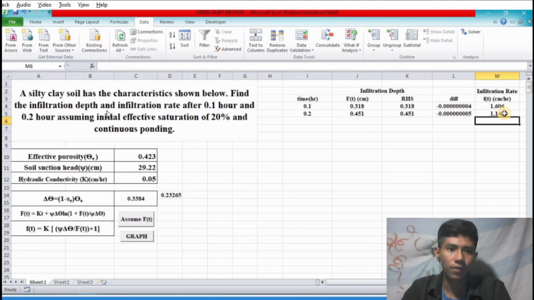The question is to find the infiltration depth and infiltration rate at 0.1 hours. At 0.1 hour, the infiltration depth is 0.318 and the infiltration rate is 0.606.